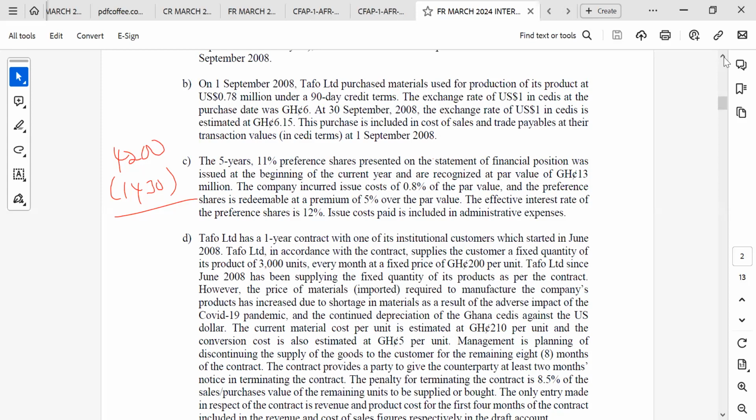Okay, so the dividend that we'll be charging to the retained earnings should be only 2,770. We'll come and look at that later. But the 2,770 is the dividend for the equity shareholders. Let's look at this issue and move on.